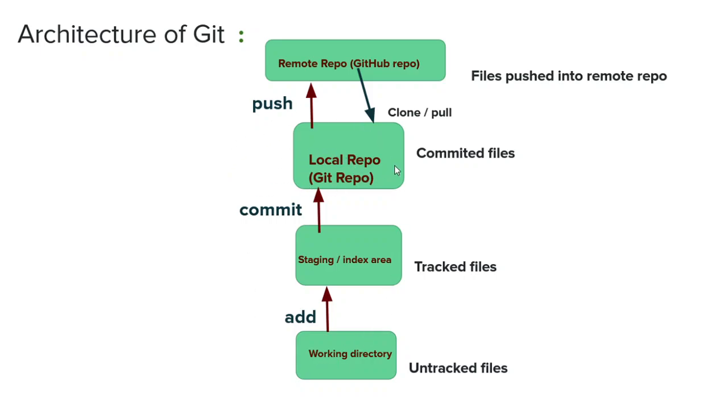Once the code is present in the local repository, they can push that code into the remote repository, and that requires a network. They can push the code and also pull the code. They can take the latest code from the remote repo to their local repository. This is a continuous process which happens in the project.